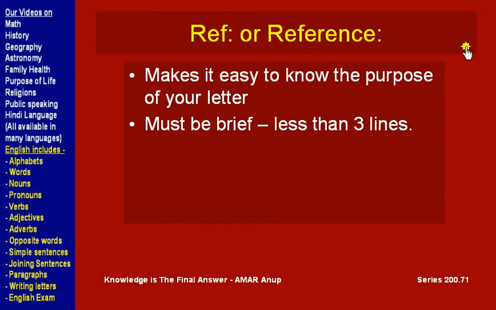So if there is more than 1 item in the reference, you number those 1, 2, 3, whatever number of references there are. So in the reference you write what this letter is about, and if there was a previous communication you add that in the reference area.